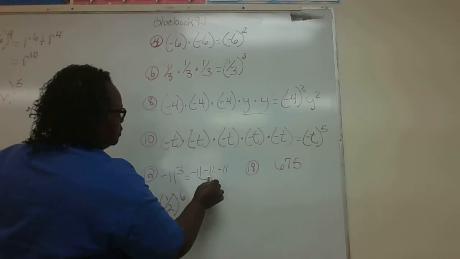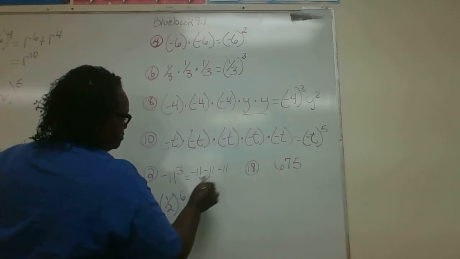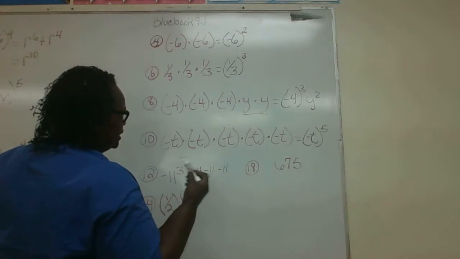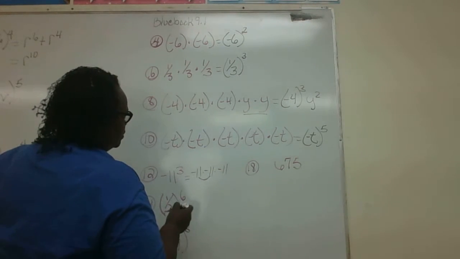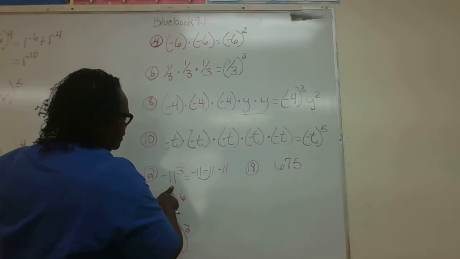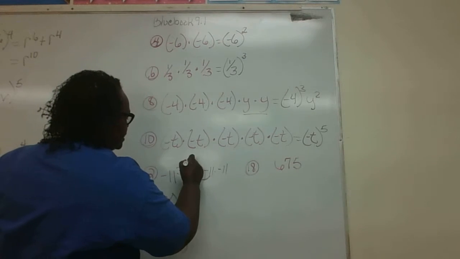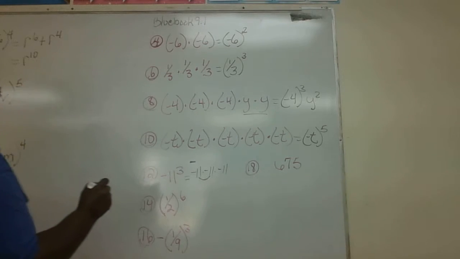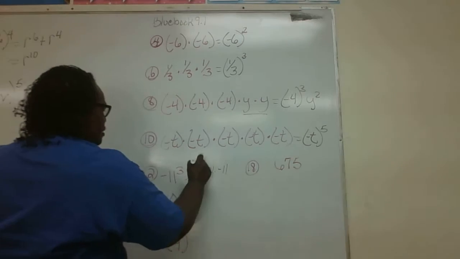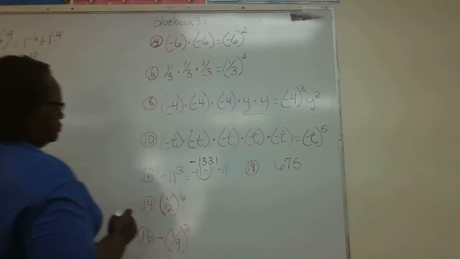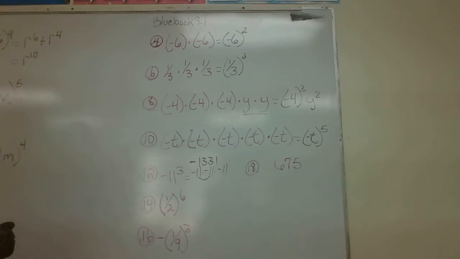But then when we multiply it by a negative number, then we end up with a negative product. So then the answer of -11 raised to the 3rd power will give us a negative 1,331, okay? All right, so that's that answer. Can you see that? Yeah, okay.